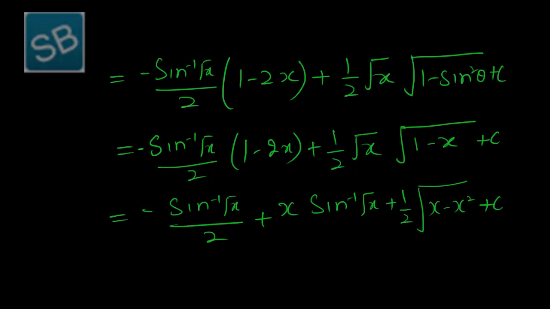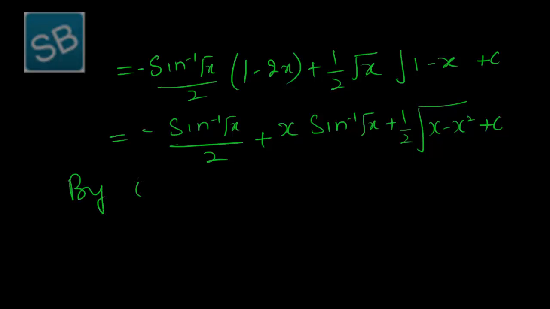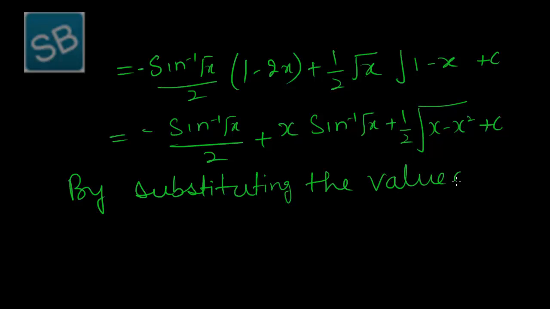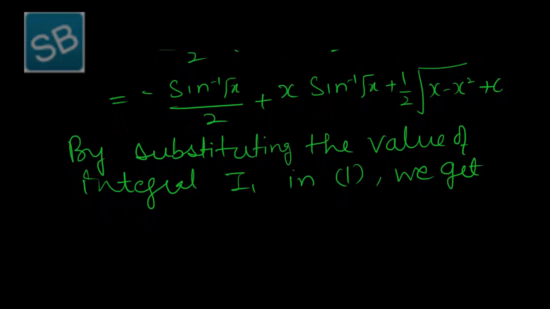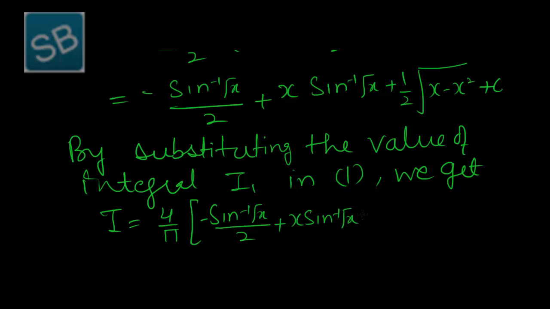So by substituting the value of integral I1 in equation 1, we get I is equal to 4 over pi, minus sin inverse under root x over 2 plus x into sin inverse under root x plus half under root x minus x square, minus x plus c, where c dash is the constant of integration, that is c plus C1.